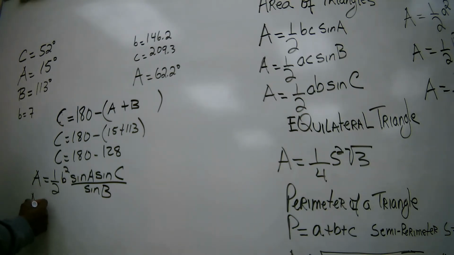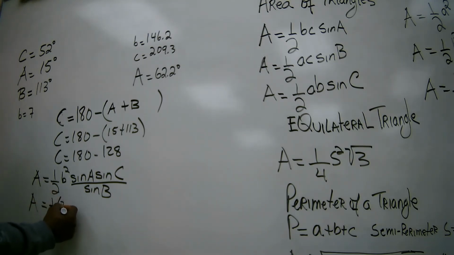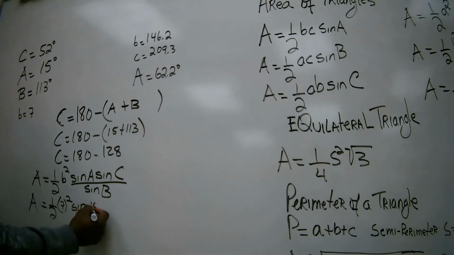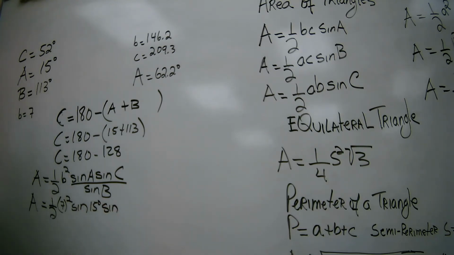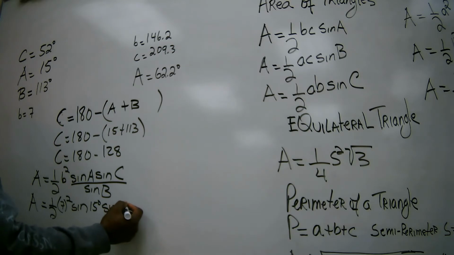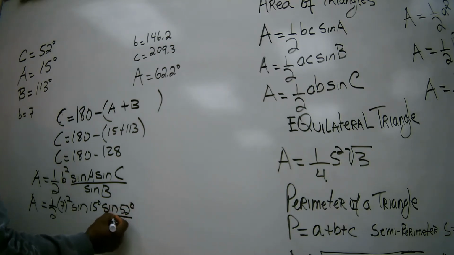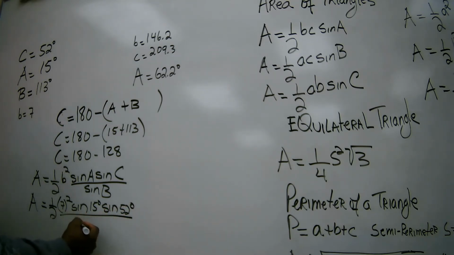Then you will have A equal to 1/2, b is 7, so you take 7 squared. Then sine A, angle A is 15 degrees, so that will be sine of 15 degrees, times sine C, which is sine of 52 degrees, over sine of B, which is sine of 113 degrees.